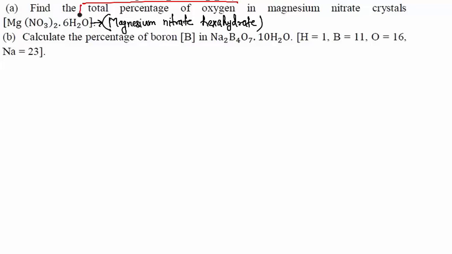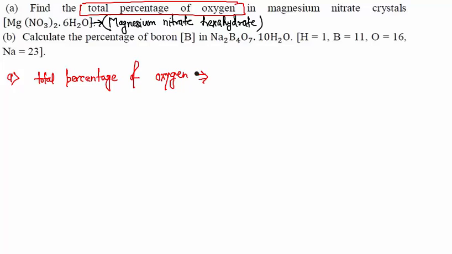the total percentage of oxygen. Okay, so how to find this total percentage of oxygen? See this A part, you have to find the total percentage of oxygen. And how to find it?